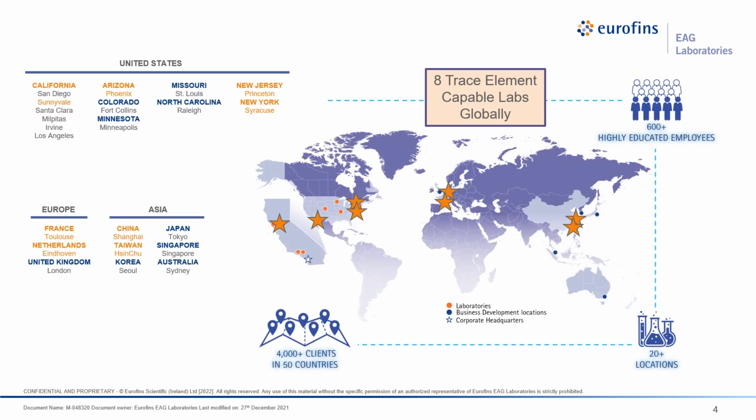So let's start with a brief overview of EAG. Eurofins EAG Laboratories is a global scientific company. We have over 16 laboratories in over 20 locations globally, and we serve more than 4,000 clients worldwide. Our 600 plus highly educated and highly skilled employees, combined with industry-leading state-of-the-art technology and equipment, enable us to leverage the power of science and engineering to accelerate innovation through creative problem solving, objective analysis, and expert interpretation of data.